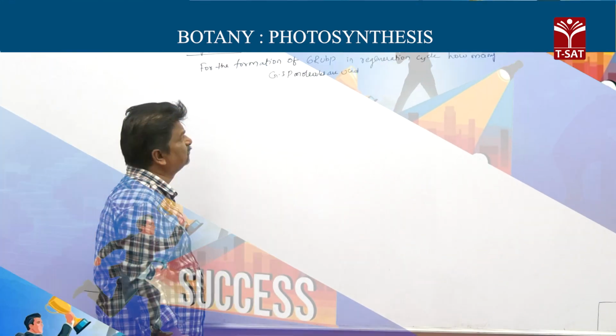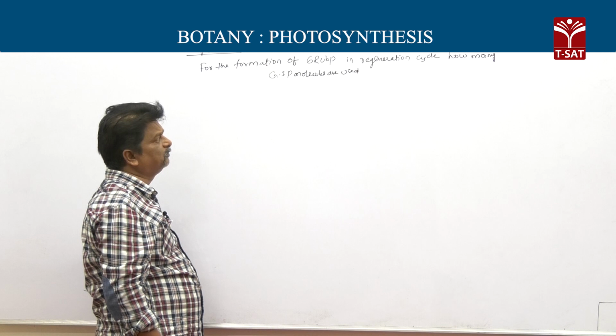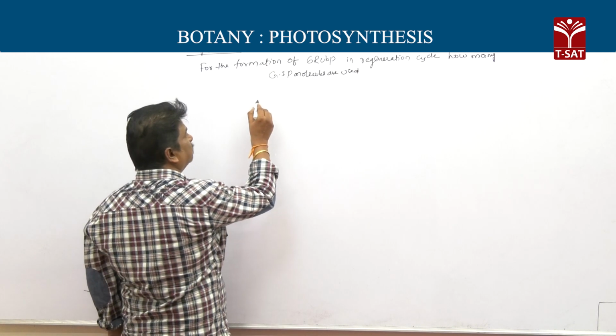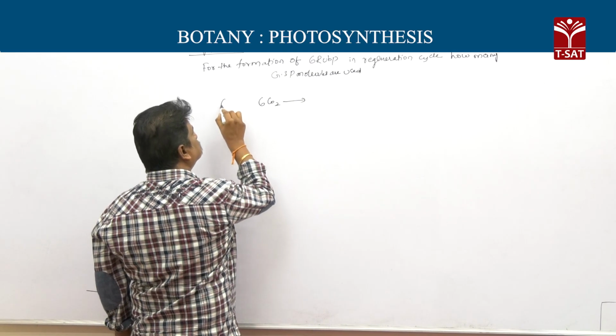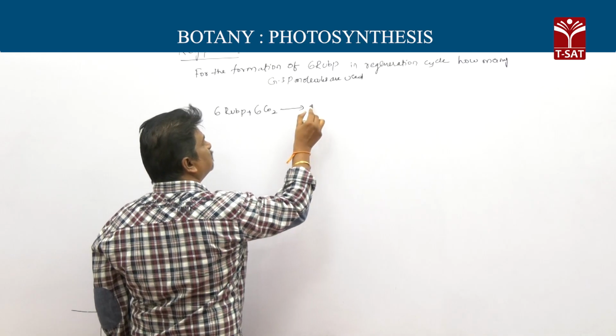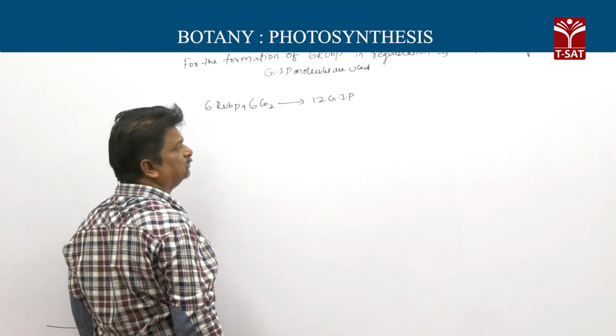So, for the formation of 6 RuBP in the regeneration cycle, how many G3P molecules are used? That is the question. Actually, 6 RuBP fix 6 CO2, then 12 G3P are formed.